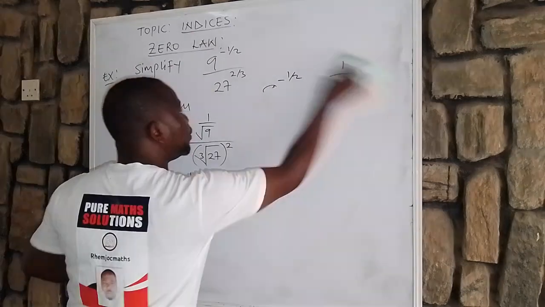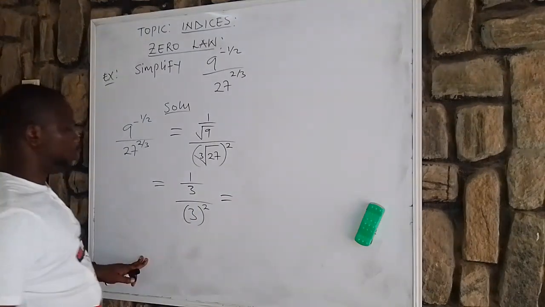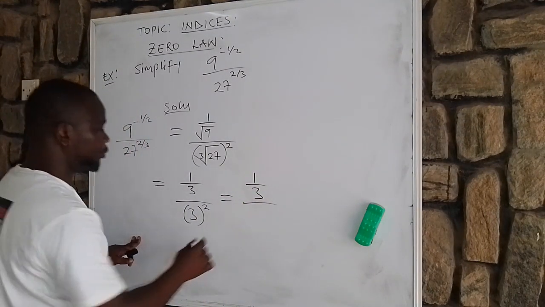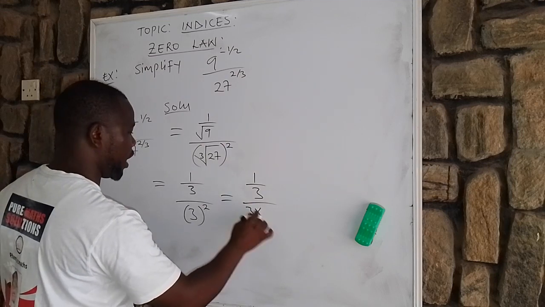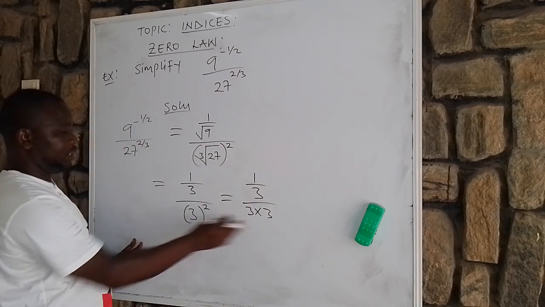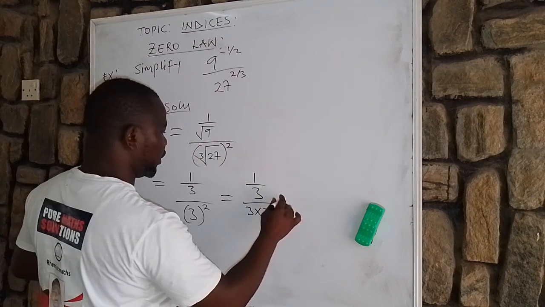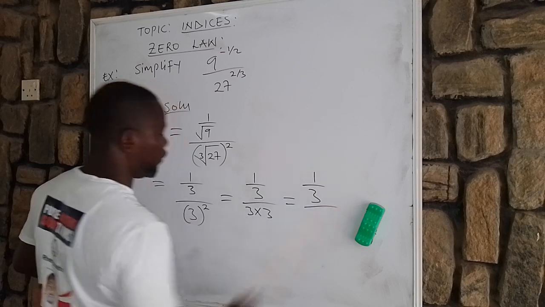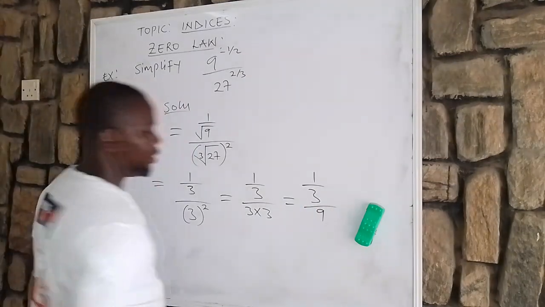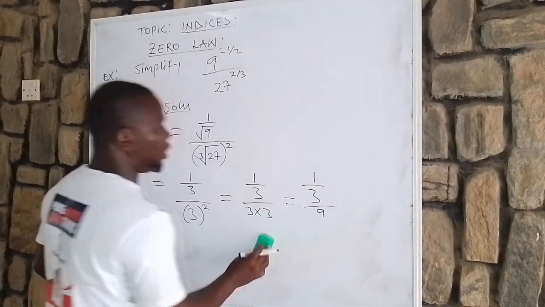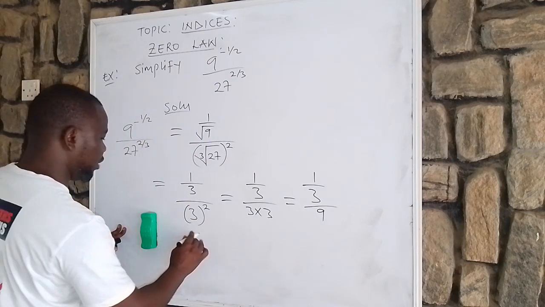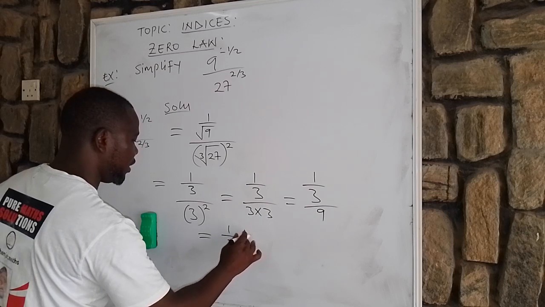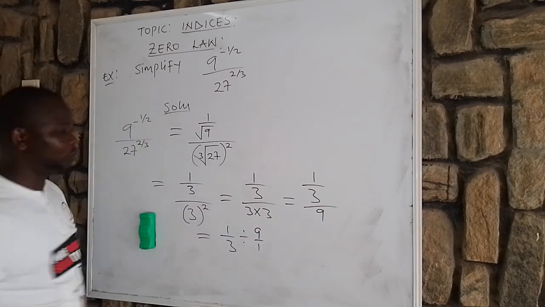This will now be equal to 1 all over 3 times 3. Yes, this is the meaning of this. So this is the same thing as 1 all over 3 times 3, which is 9. True or false? So this is equal to 1 all over 3 divided by 9. Note that there is an invisible 1.